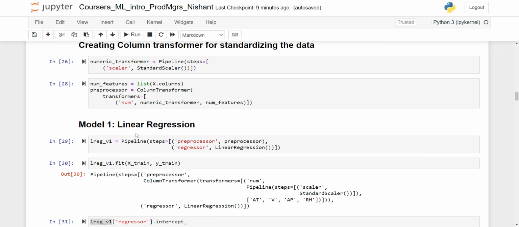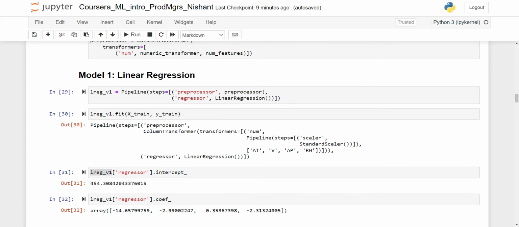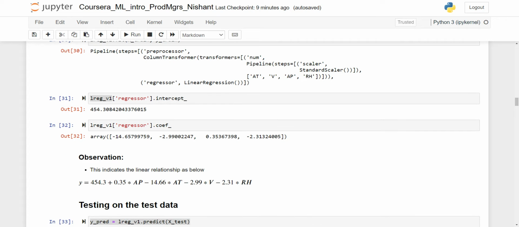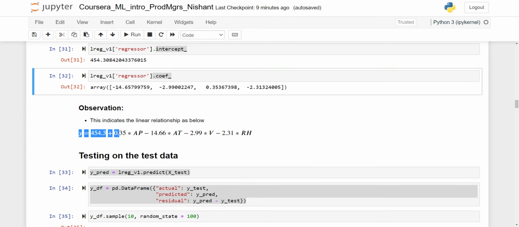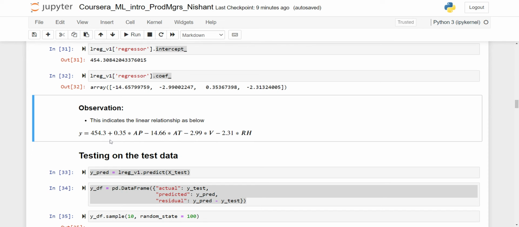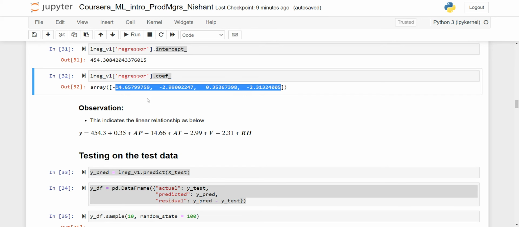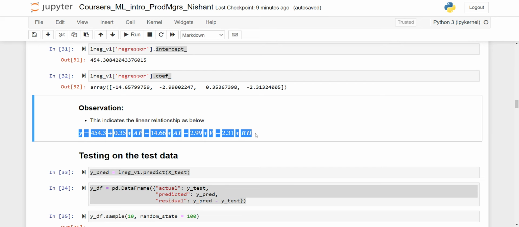The first model I have used is linear regression. I gave it the X train and Y train data, and calculated the intercept and coefficients. Alpha is my intercept, which is 454.3, and there are the four betas for each of the four features, and I have given the interpretation here of what I understood from the linear regression.